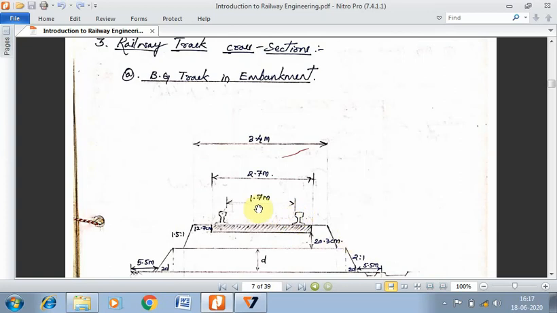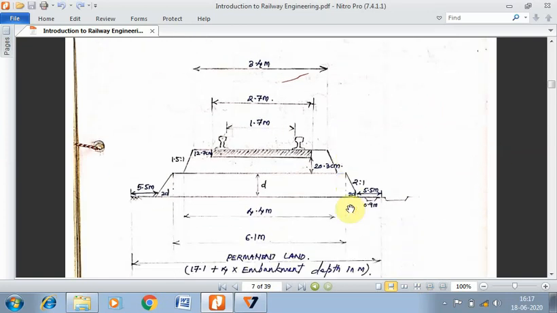If I ask you to draw the typical cross section of a single track broad gauge track in embankment, then it would look somewhat like this. But if it comes under cutting, then it should look like it is being cut through a hillock. So you will be having the cut portion and the leftover portion also being shown in the diagram.